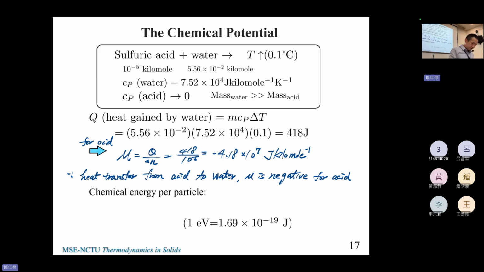Chemical energy per particle. So this is 1 kilomole, right? So mu divided by 6.02 times 10 to the 26. Not minus 26, sorry, 26, because 26 is for kilomole. You need to add 3 more orders. So that is minus 6.94 times 10 to minus 20 joule, or minus 0.43 electron volt.